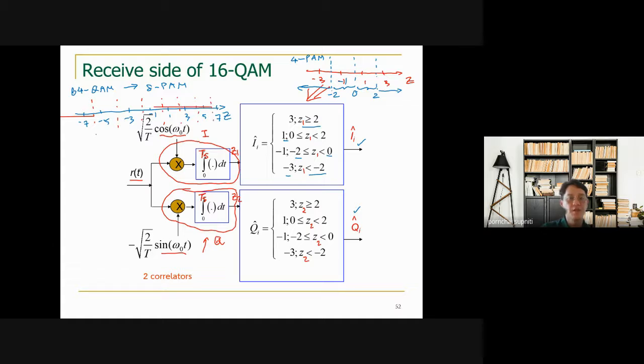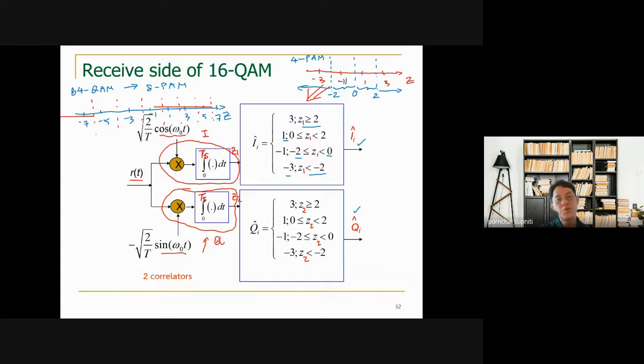Let me emphasize again, after you see the structure of the correlator, this is the main difference between the analog communication system and the digital communication system. In digital communication, we are not trying to put in circuits in order to recover the shape of the signals that have been transmitted.